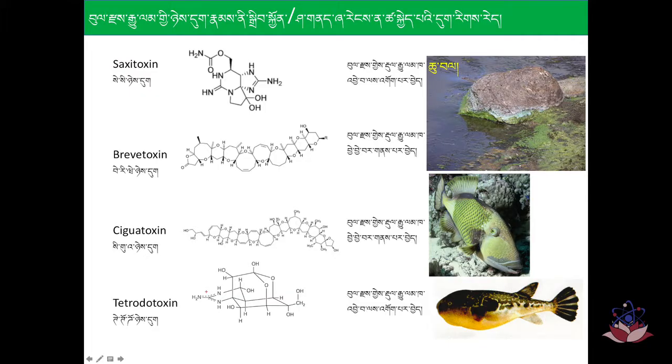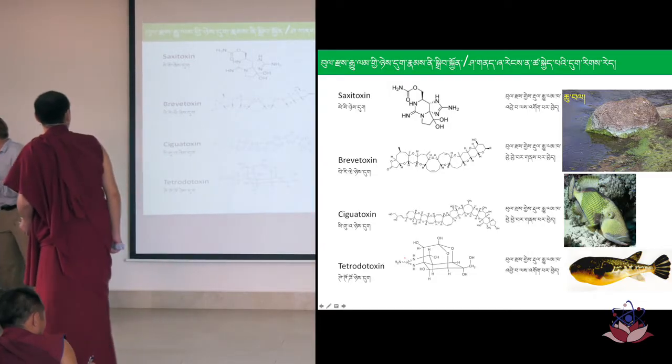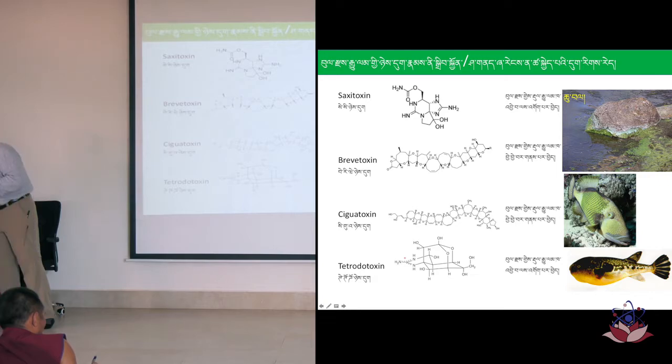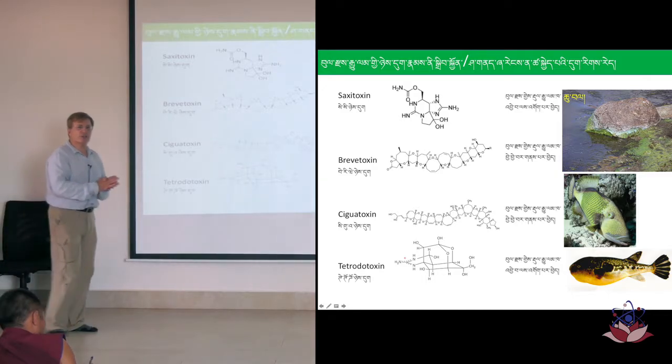Okay, so here we have different types of toxins. One comes from algae, and the other ones come from different types of poisonous fish.